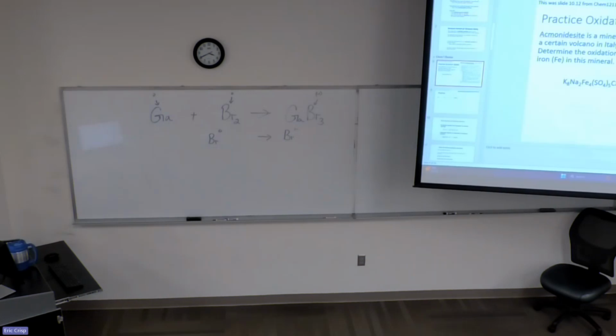What did you say? Okay, 35. Okay, on the left, the reactant side, how many electrons on bromine? 35, because it needs to be the same, right?